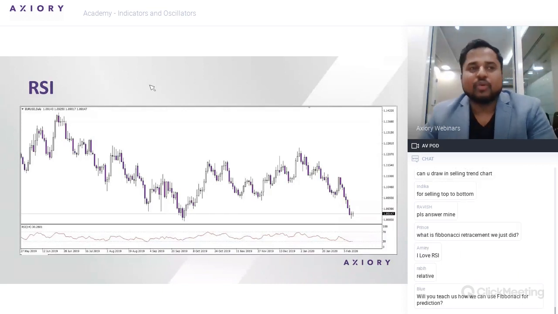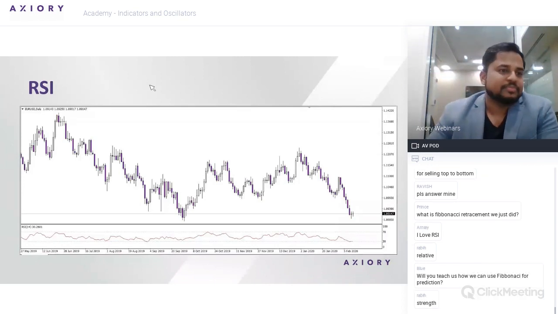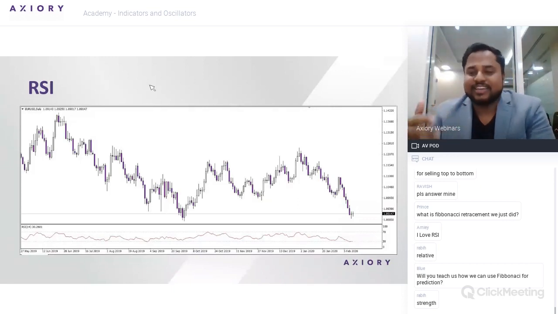It basically says overbought and oversold areas, the strength of the markets. But the market is always very, very interesting. Whatever we think the price is already oversold, the market can even continue further down.